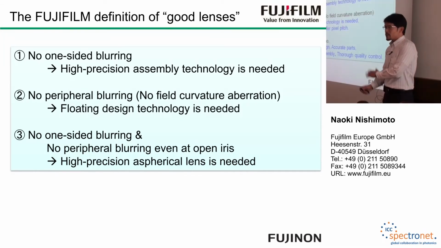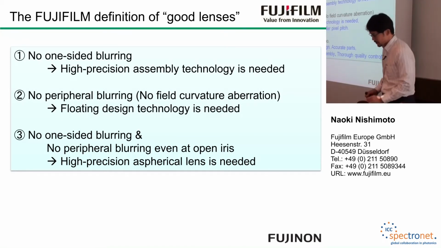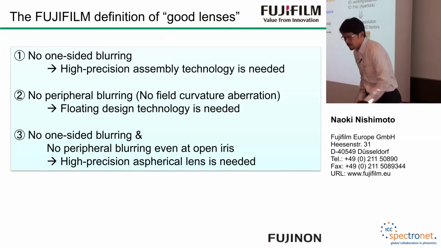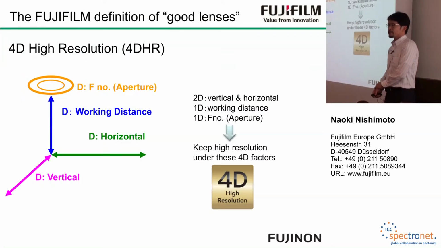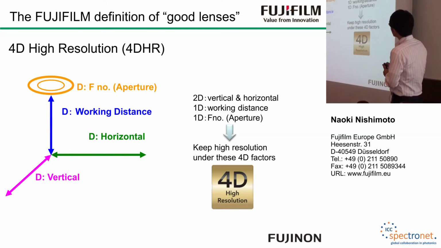Having achieved those 3, we'd now like to propose a new classification of machine vision lenses as a good lens. This is 4D high resolution. And what is 4D? 2D is the image area, vertical and horizontal.